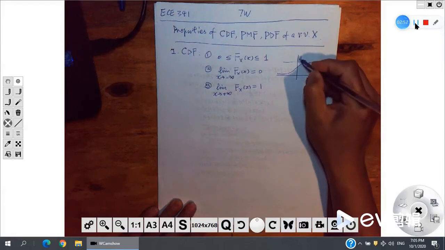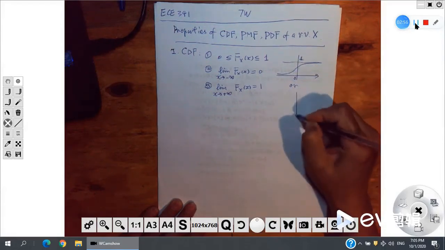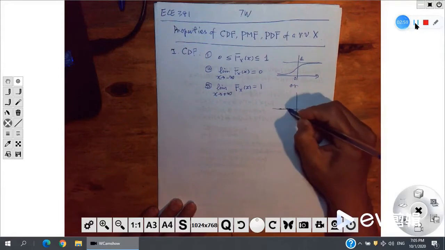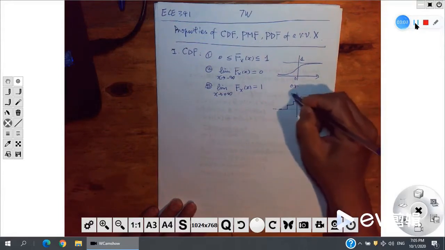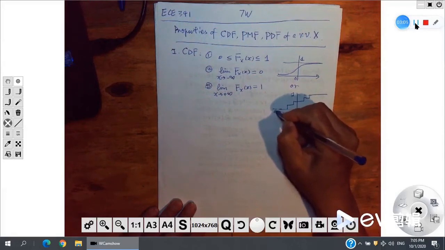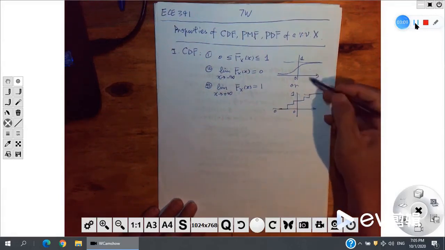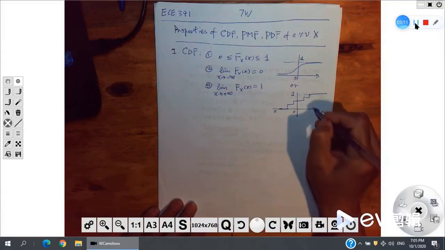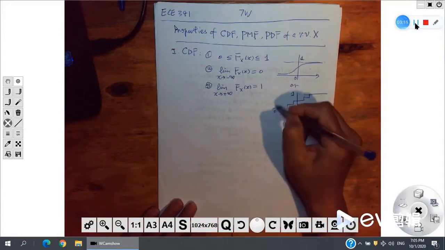Here's a 1, here's a 0, like this or this. So when x is large enough, it will be 1. When x is small enough, it will be 0.